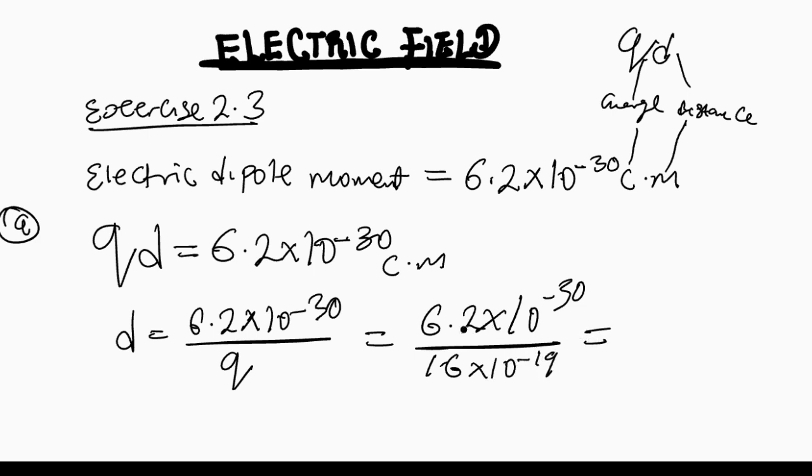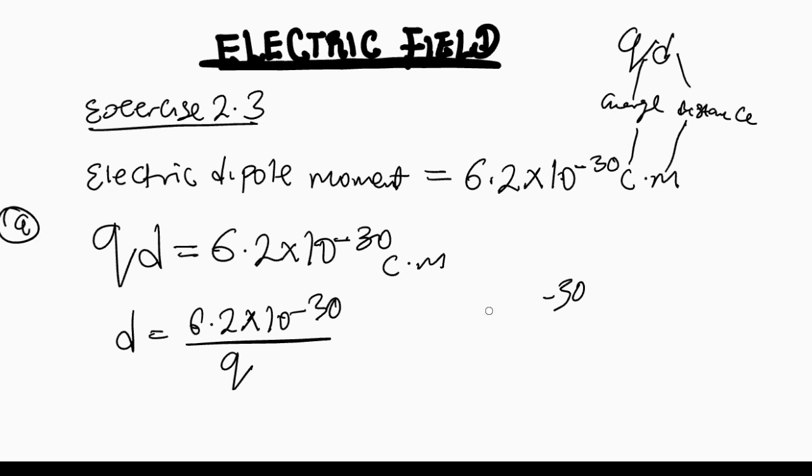So if you press your calculator, we have an answer like 3.9 times 10 raised to power minus 11 meter. That's the answer. So let's go to question 2.